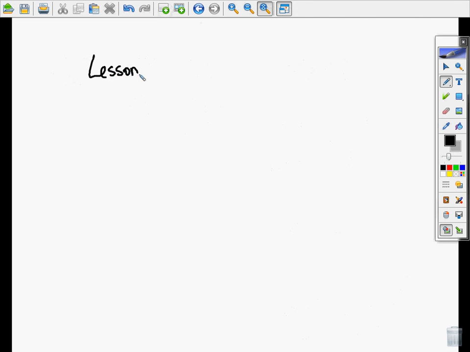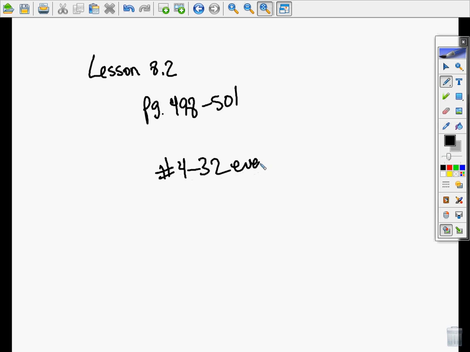This is lesson 8.2, and it is page 498 to 501, problems 4 to 32 even, 33 to 46, and 56 to 60 even.